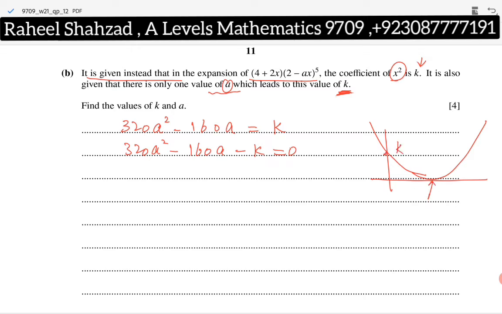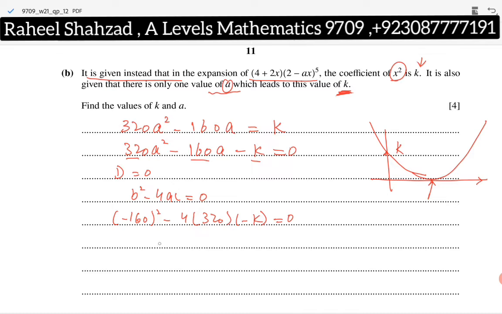So if this curve cuts the x-axis at only one point, that means its discriminant is equal to 0. So we have b square minus 4ac is equal to 0. Now it's a, b and c. So b is minus 160, square, minus 4ac is equal to 0, right?